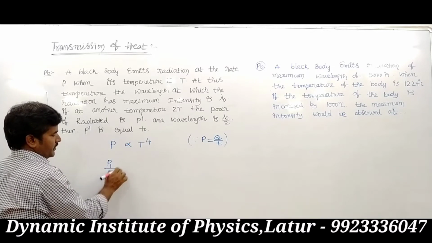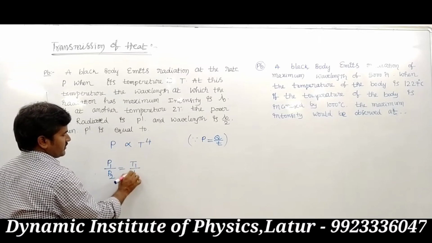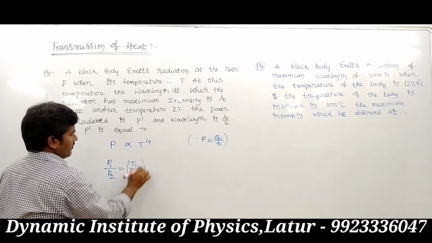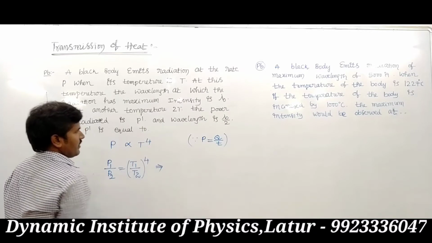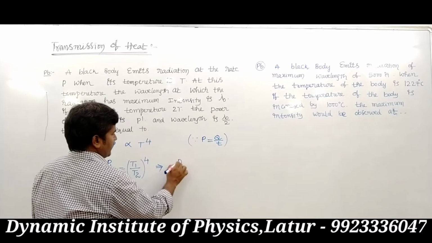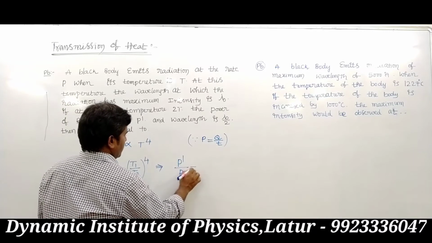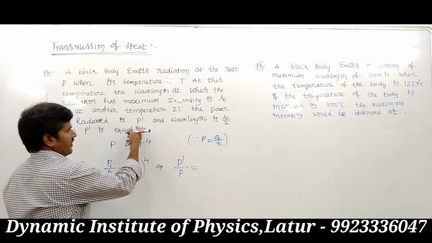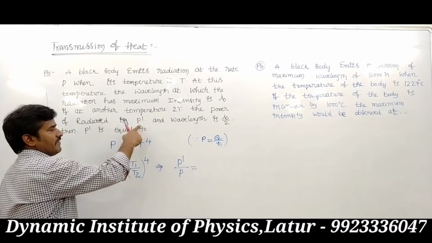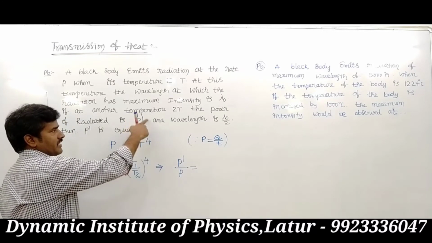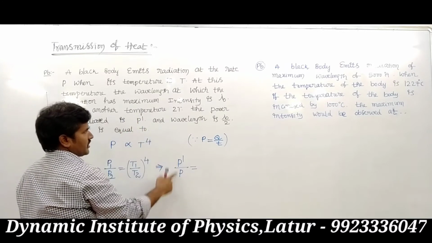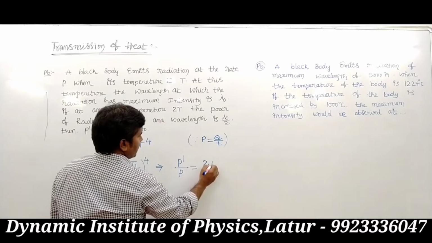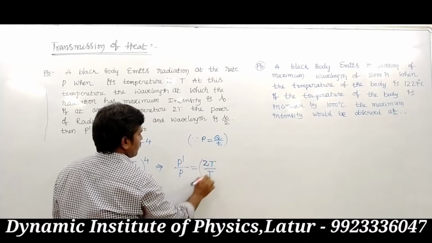P1 upon P2 equals (T1 upon T2) whole power 4. That is P dash upon P, the rate of emitted radiation, with the initial temperature T and final temperature 2T, so (2T upon T) whole power 4.